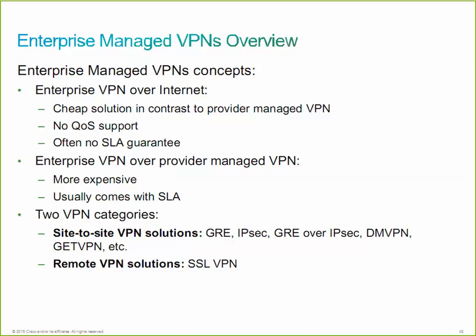The motivation or the reason why customers implement enterprise managed VPNs over a provider managed VPN solution is that we have that SLA in place for the connectivity, and we have that guaranteed service for connectivity, and we want to implement our own routing infrastructure without provider involvement, right?